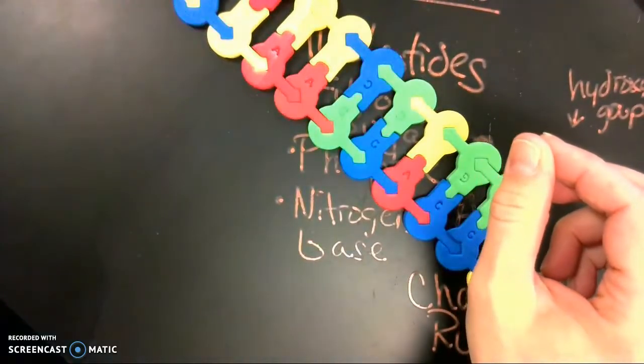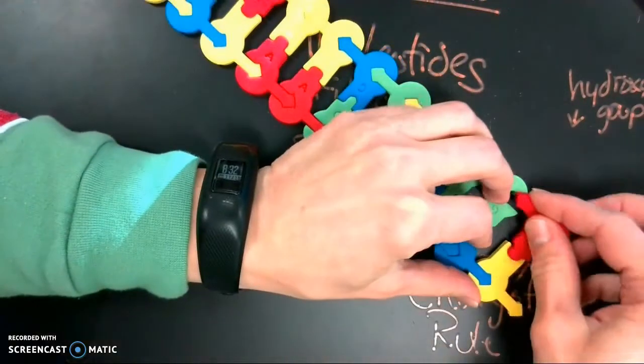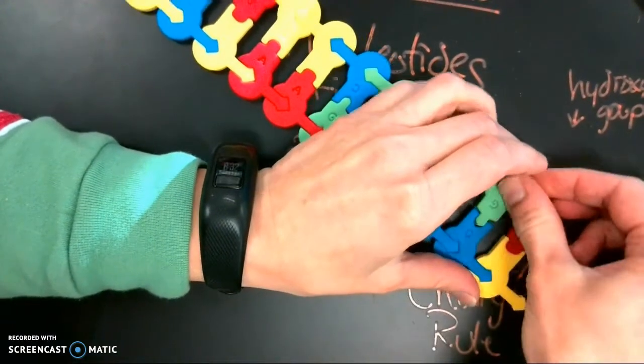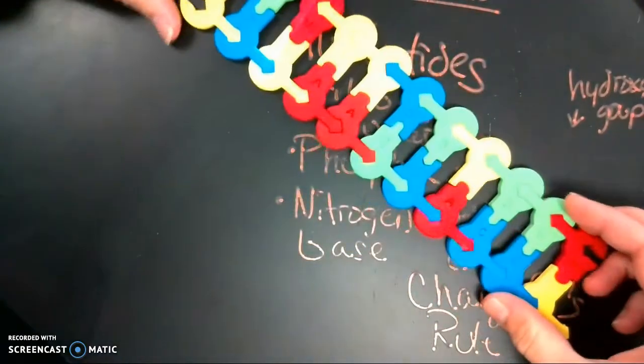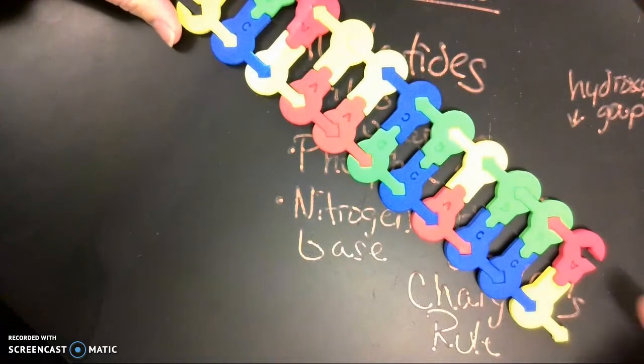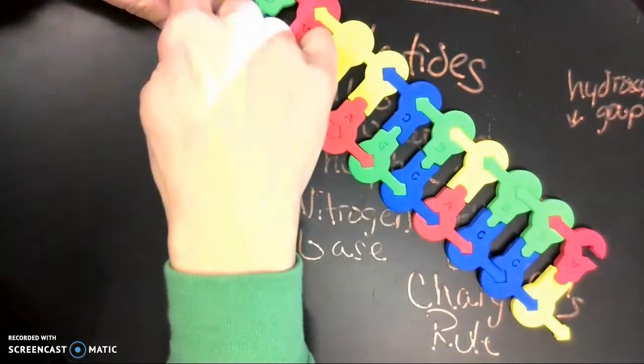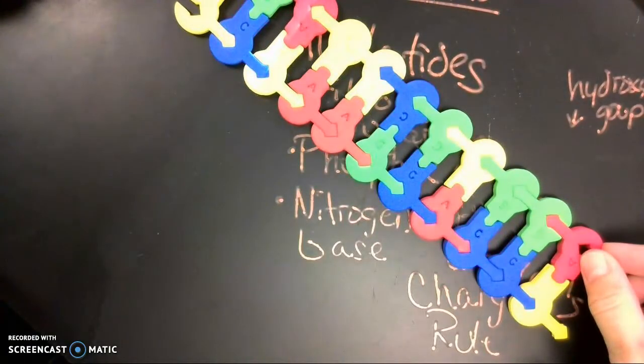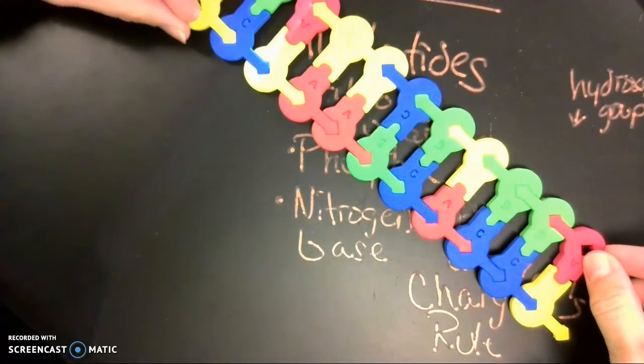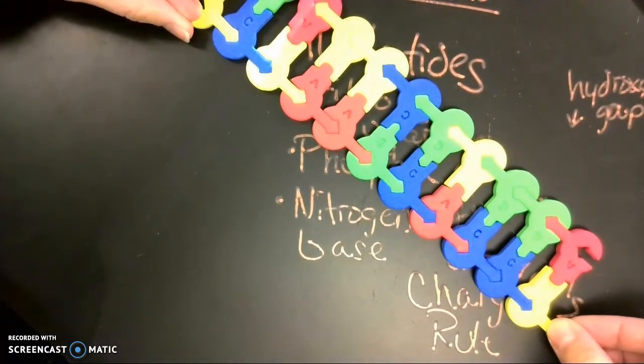If you're following along in the packet, you should be about page 4. On page 4, it's showing you that one strand goes in a 3' to 5' direction. The other strand goes from 5' to 3'. This is called anti-parallel strands.